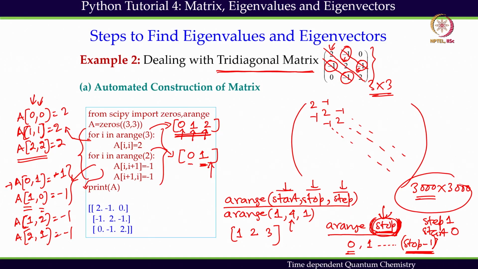The for loop will be running for 2 iterations here, and here for 3 iterations, and that is the way we are automating the construction of this matrix. So, we have got back the Python representation of this matrix.